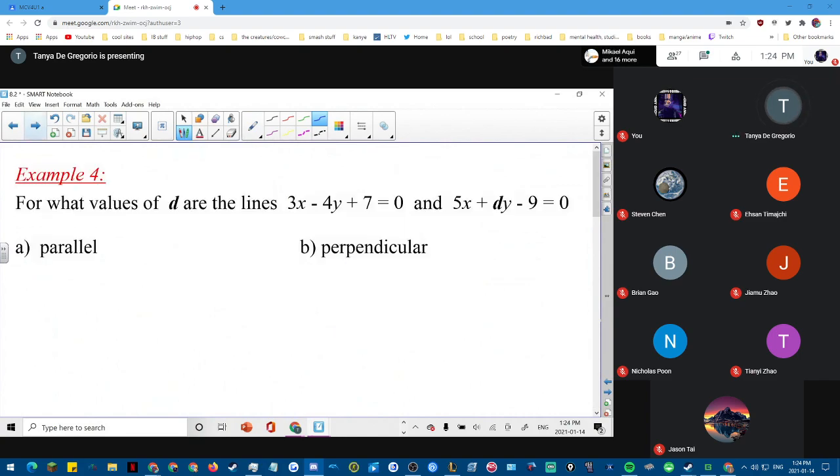Example 4. For what values of D are the lines 3x minus 4y plus 7 equals 0 and 5x plus dy minus 9 equal to 0 parallel? So I have 2 equations of a line. For what values of D are they parallel? What can I do?